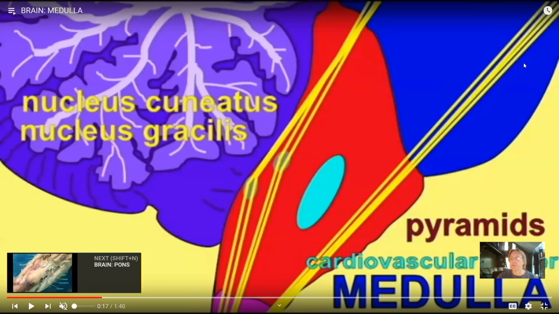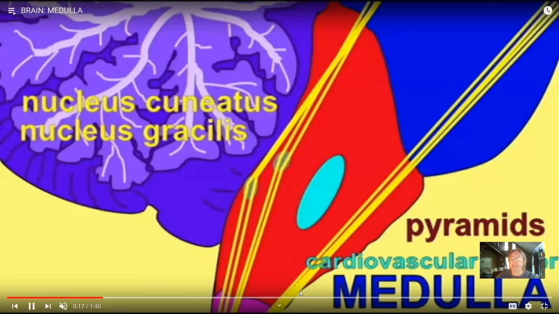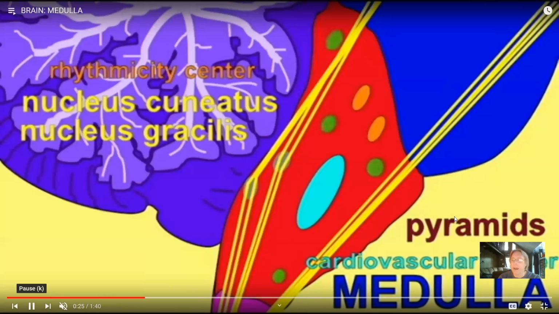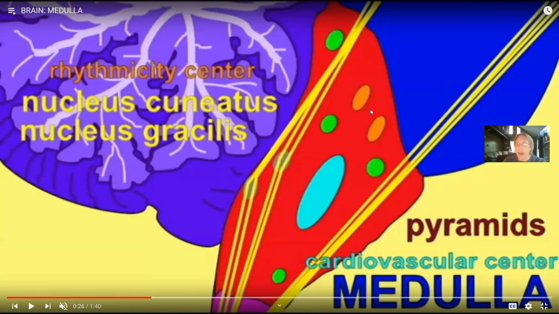But in any case, those were examples of descending motor tracts coming through the medulla and ascending sensory tracts going through the medulla. Now, the medulla, while being mostly white matter, nevertheless does have very important regions of soma.